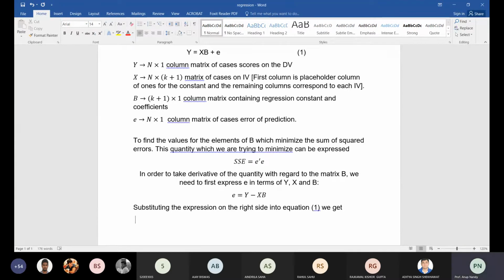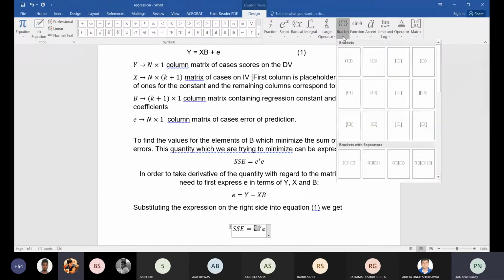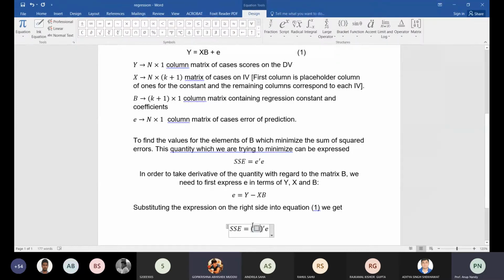What will it be? What you are going to get, tell me. Y minus xb transpose. Good.